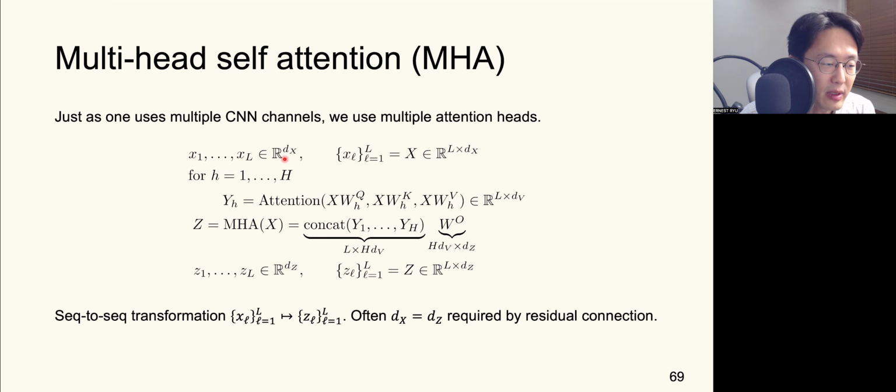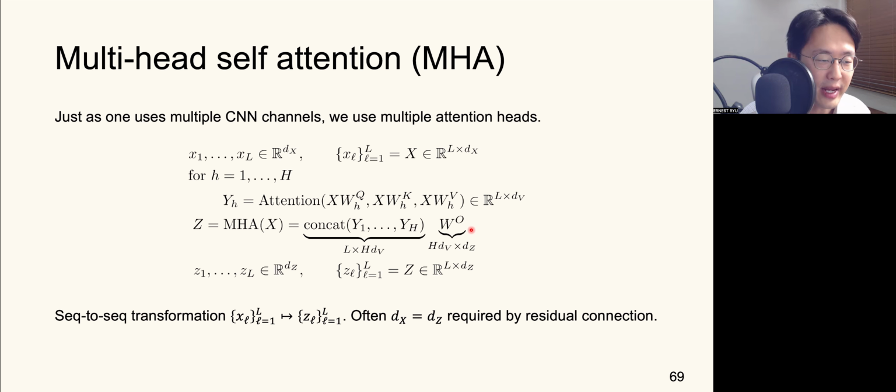Since you have big H number of single-head attentions, we concatenate these outputs. This leads to the same sequence length, big L, but at each sequence position, we have capital H separate vectors, each of length dv. So we concatenate those to get a longer vector of length H times dv.